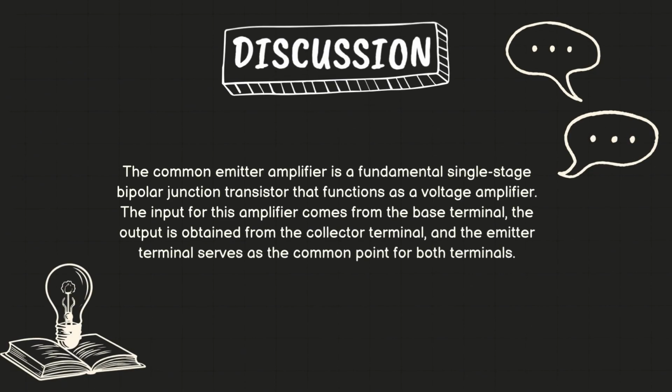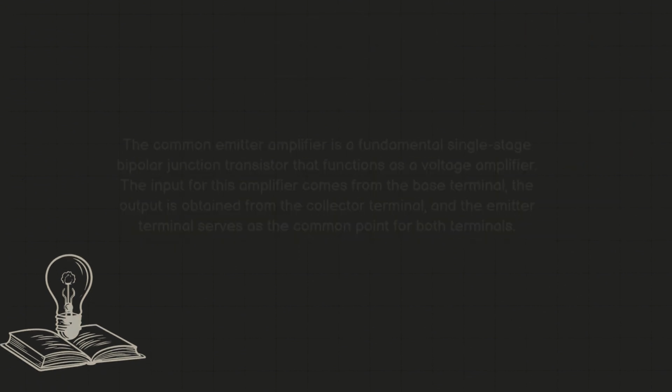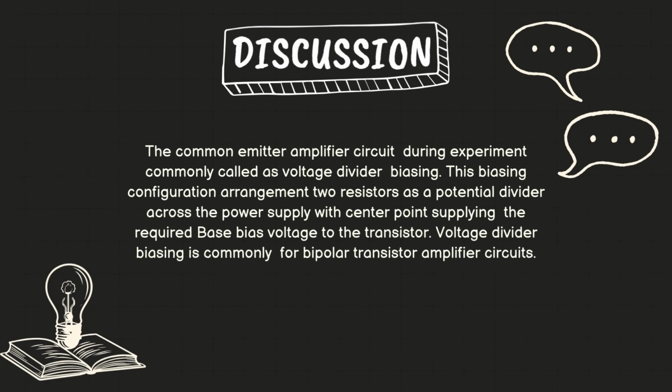For the discussion, the common emitter amplifier is a fundamental single-stage bipolar junction transistor circuit that functions as a voltage amplifier. The input comes from the base terminal, the output is obtained from the collector terminal, and the emitter terminal serves as the common point for both. The circuit during the experiment is commonly called voltage divider bias.